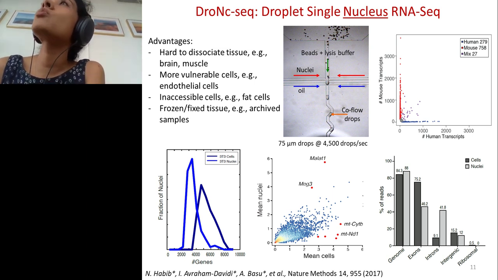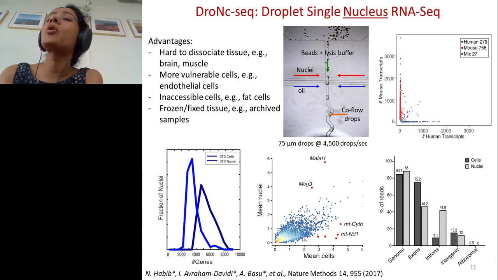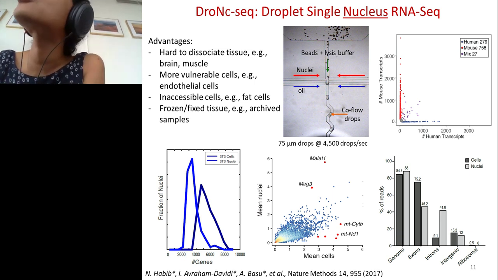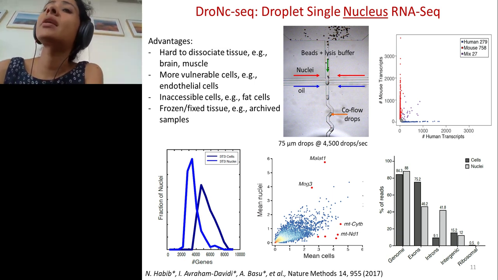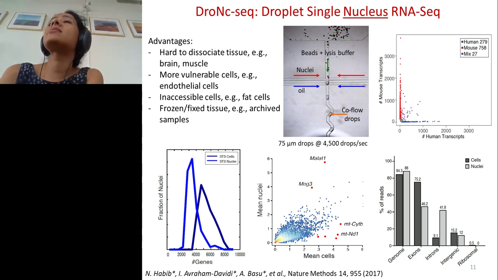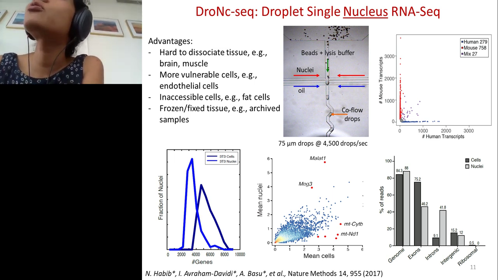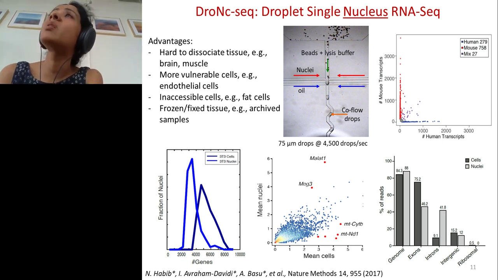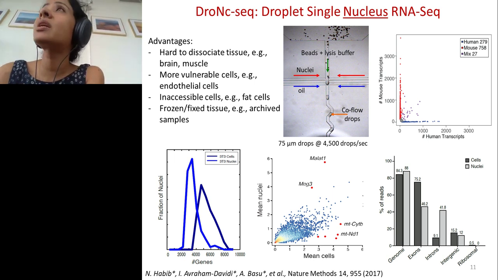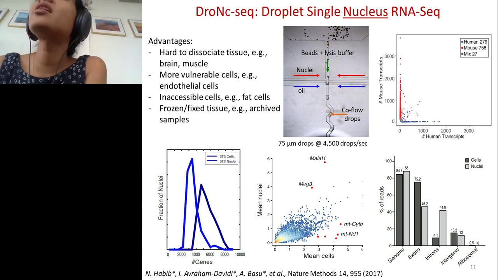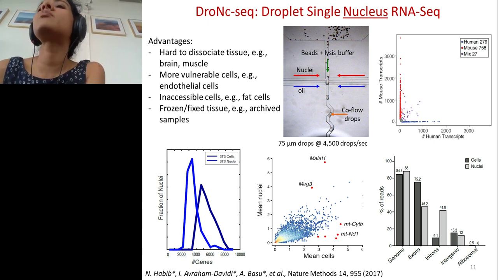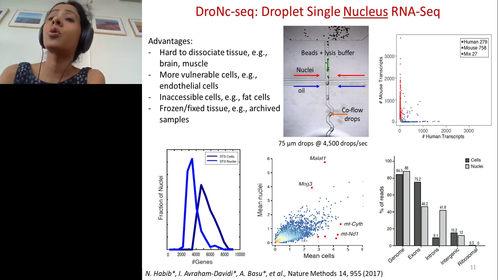If we were to work with frozen tissues or postmortem tissues, the cell quality is already pretty low, and that leads to a lot of RNA leakage and RNA degradation. And that is not very conducive for the Drop-seq protocol that I talked to you about before. So I'm going to talk about a very similar complementary technique called droplet single-nucleus RNA-seq, or Drop-seq, that allows us to work with tissues that are a little harder to work with.